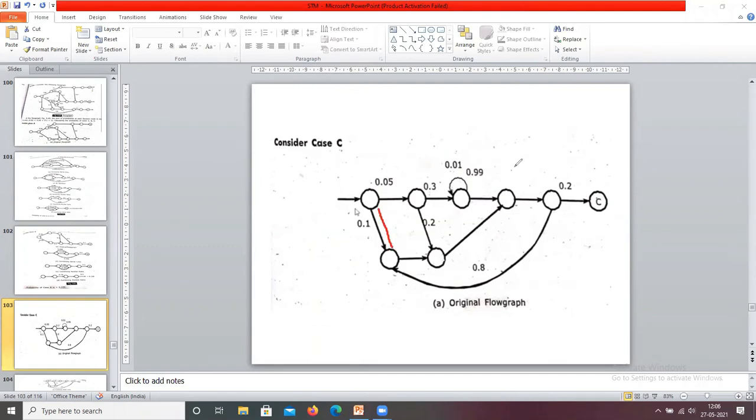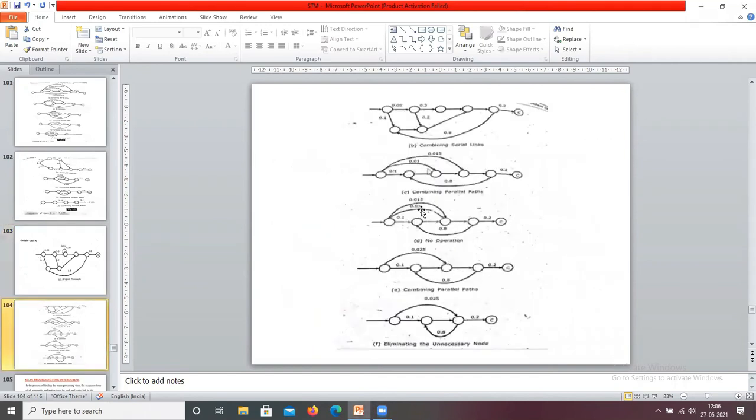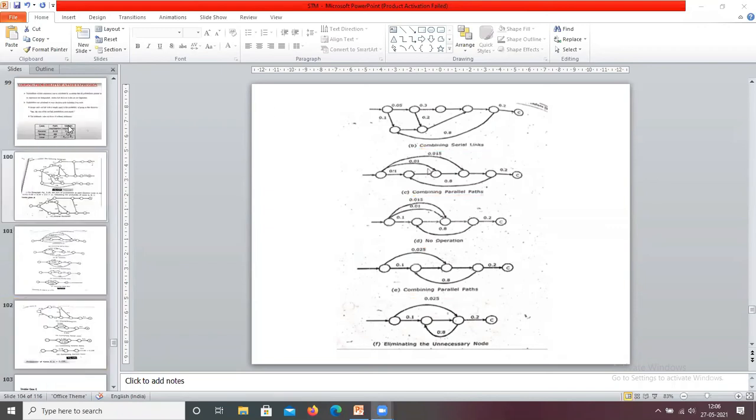So this is the original flow graph for case C. If you apply all the arithmetic rules, again, combining the serial links, combining the parallel paths, so no operation, and combining of all parallel paths and eliminating the unnecessary nodes, then you got the probability for case C. In this way you are going to find the looping probability of a path expression.